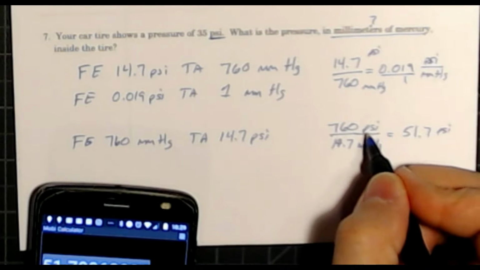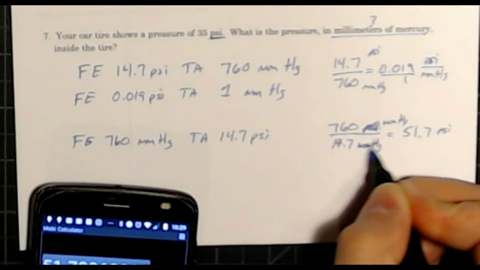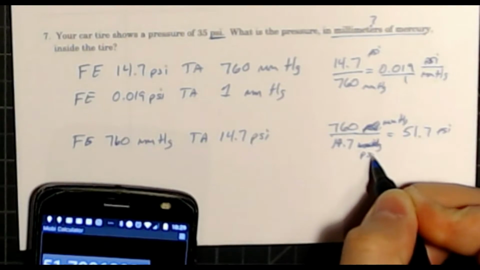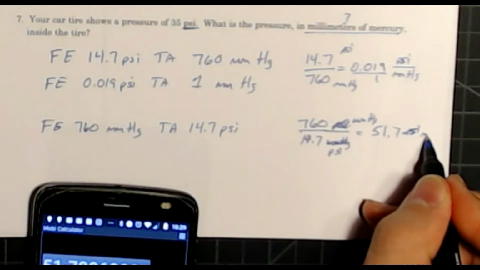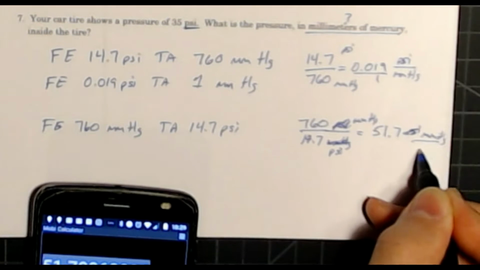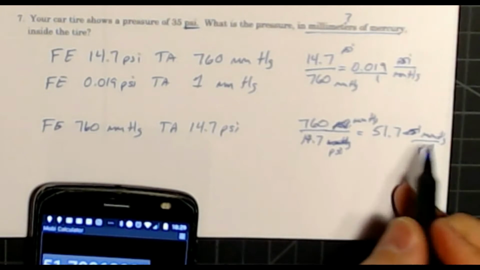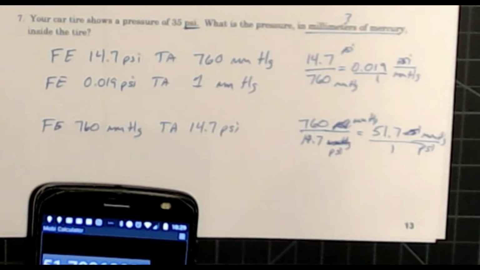Oops, I did that backwards, didn't I? Millimeters of mercury over psi. So this is actually 51.7 millimeters of mercury over psi. Or for every 1 psi, I get 51.7 millimeters of mercury.